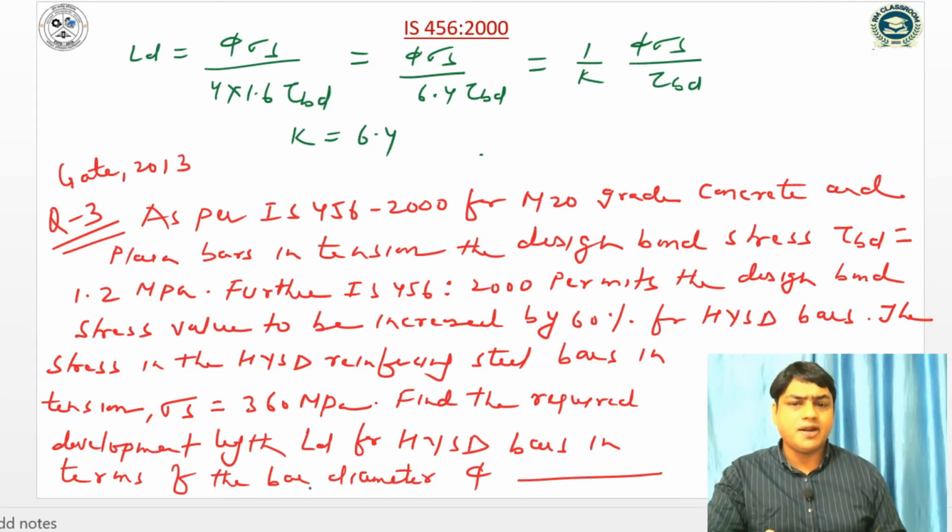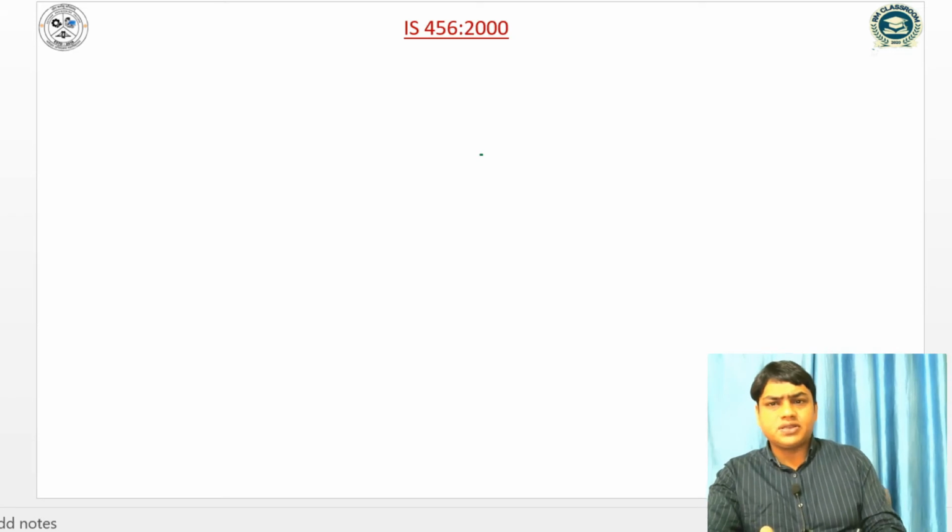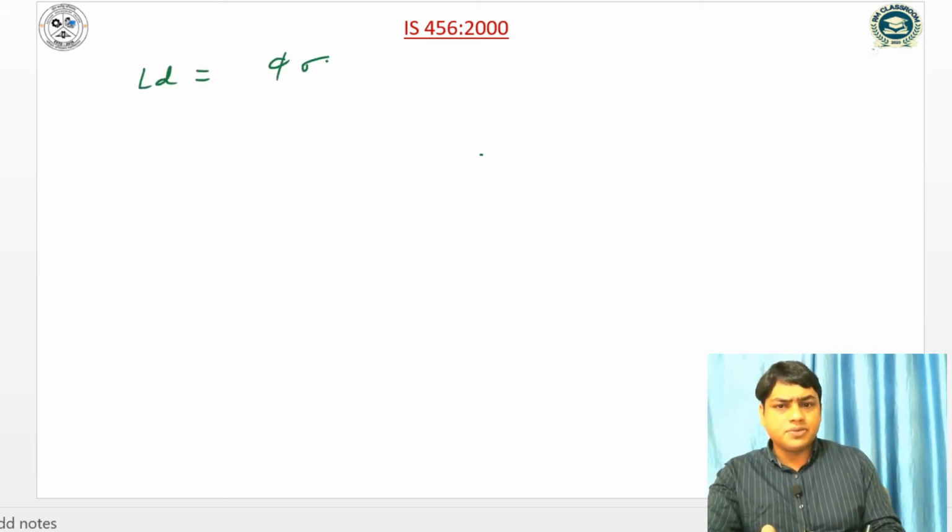Find the required development length Ld for the HYSD bar in terms of the bar diameter phi. So we can see that for plain bars, the development length Ld is equal to phi into sigma s divided by 4 tau bd.